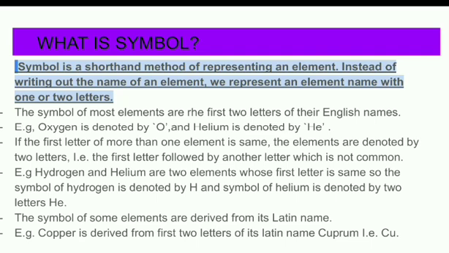So what is a symbol? Now let us understand the definition of a symbol. Symbol is a shorthand method of representing an element. Instead of writing out the name of an element, we represent an element name with one or two letters.